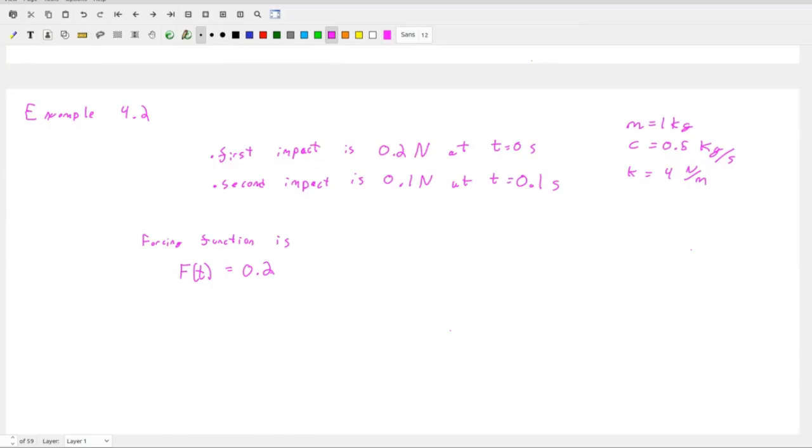What Greek symbol are we going to use here? Is this a step function or an impulse function? Yeah, so delta. Don't confuse me like that. Let me write a cleaner delta.